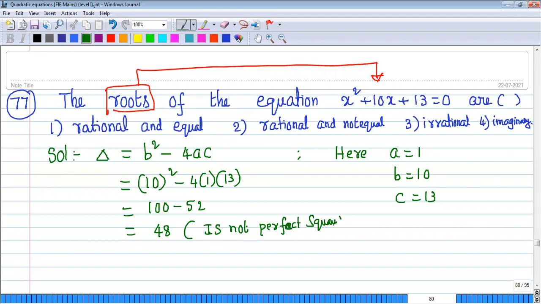Therefore, roots are irrational. Third option is the right option.